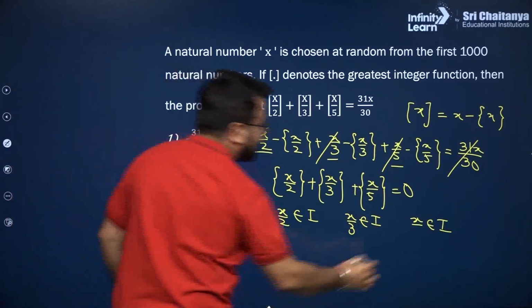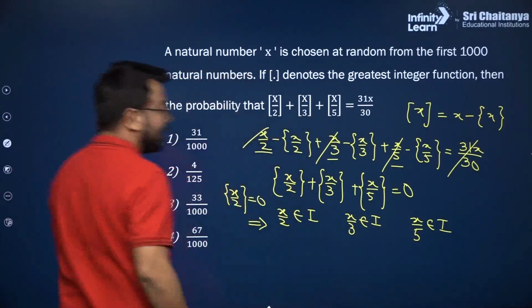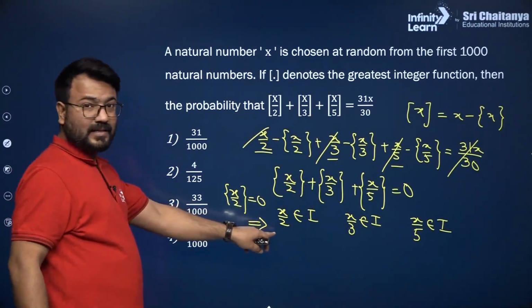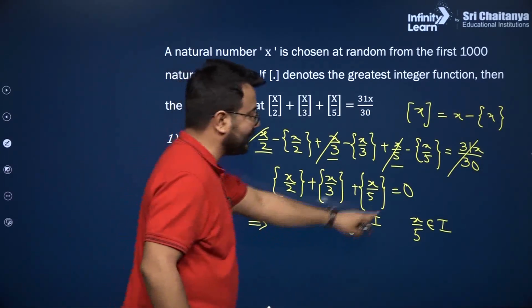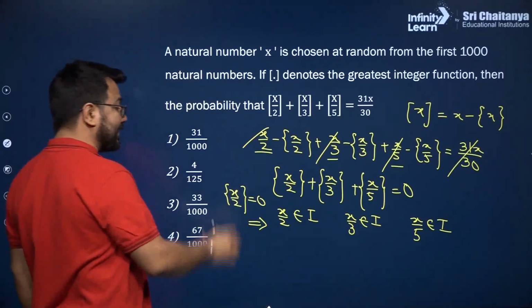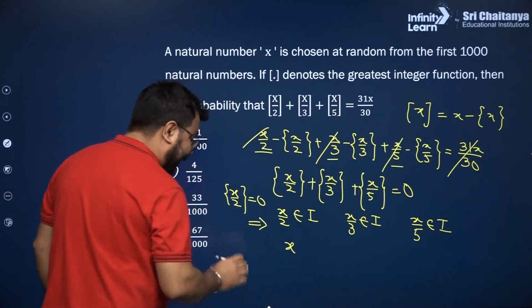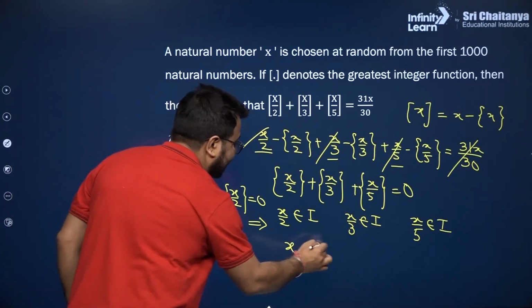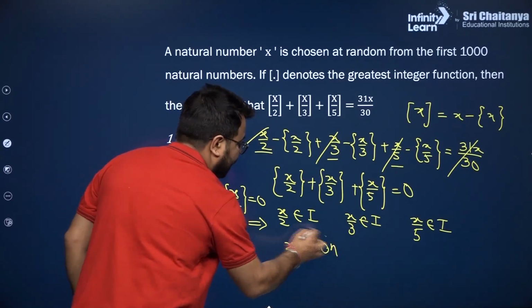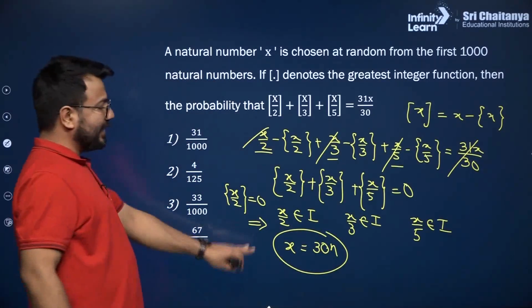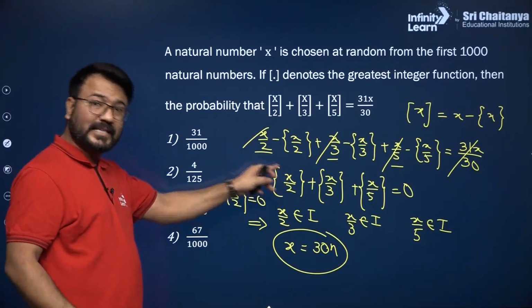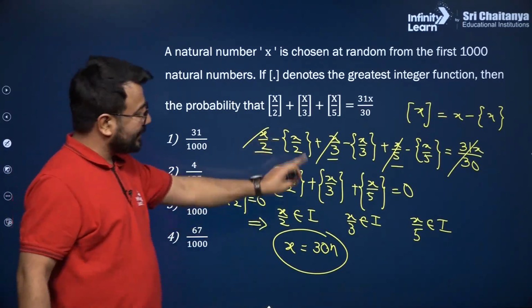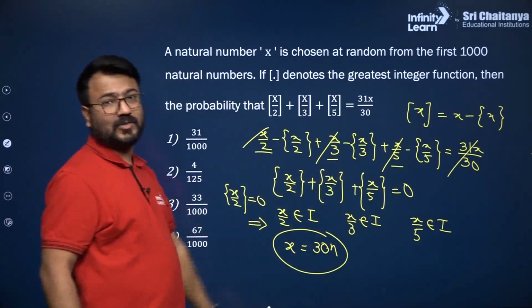So all these quantities should be integers. Now this is divisible by 2, this by 3, and this by 5, so by the LCM, x can be written as 30 times n. So x is a multiple of 30 in this situation. Then only will we get x by 2, x by 3 and x by 5 all as integers.